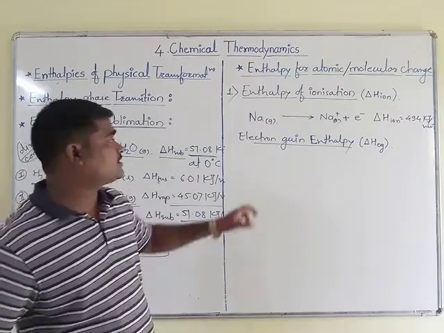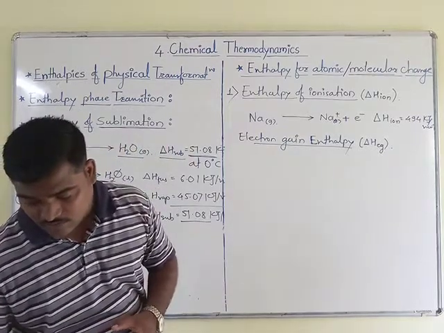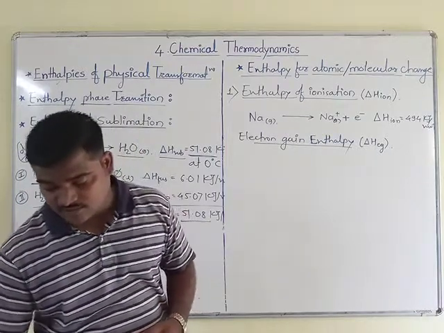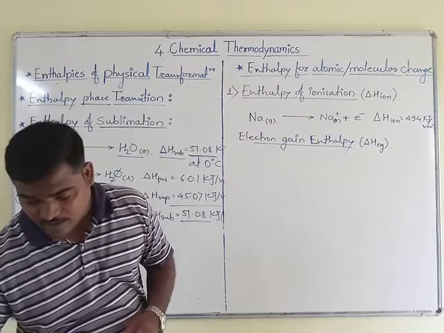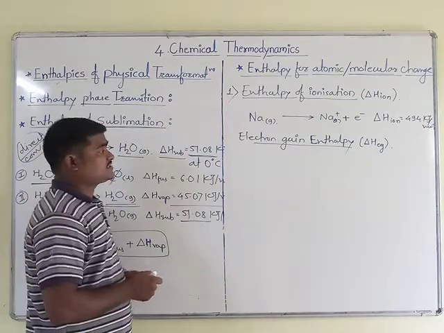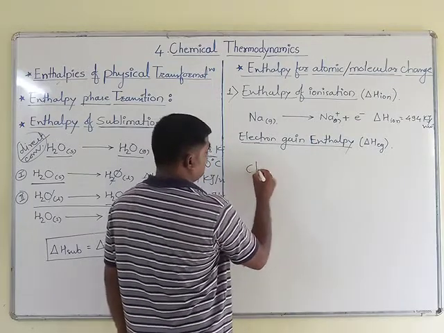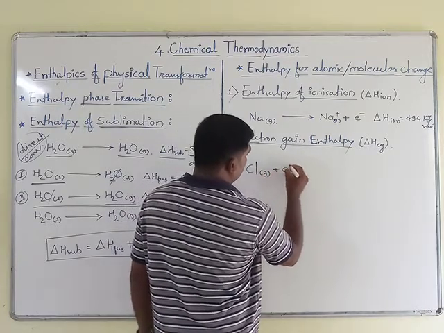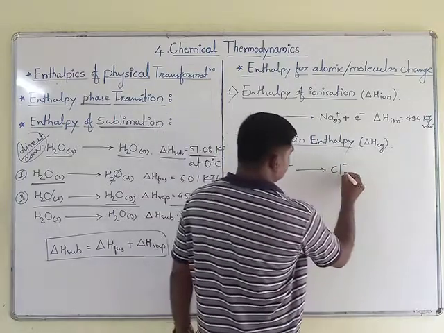The electron gain enthalpy is the enthalpy change when 1 mole of gas phase atoms of an element accepts 1 electron. That is, when chlorine, which is already in gaseous state, gains 1 electron, it converts into the corresponding Cl minus.